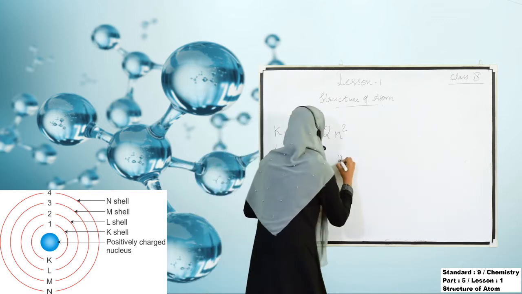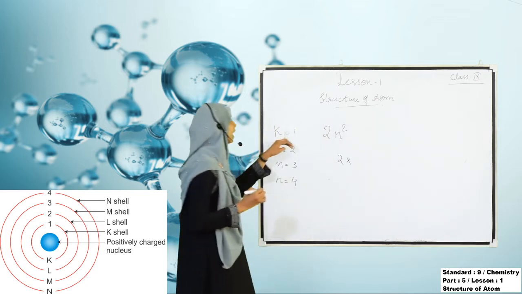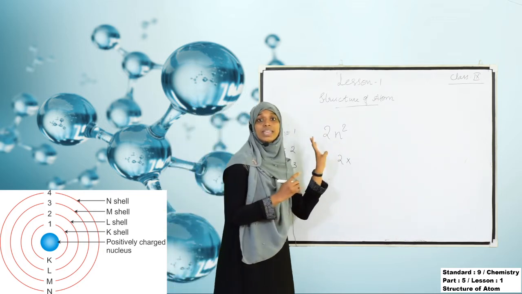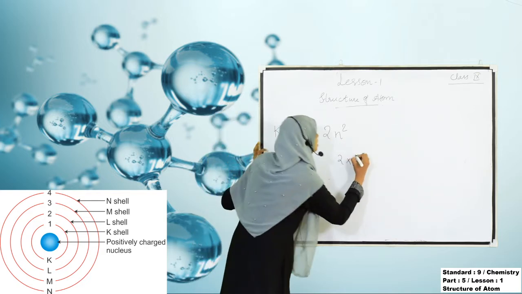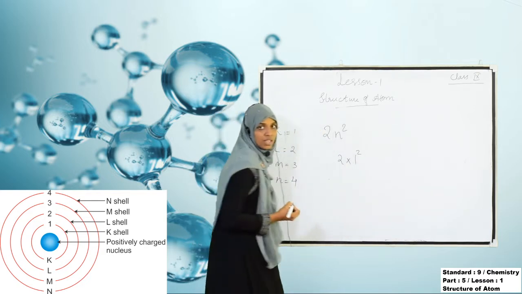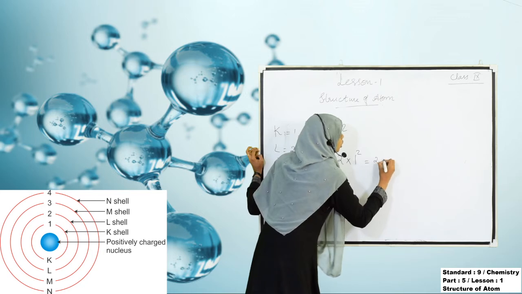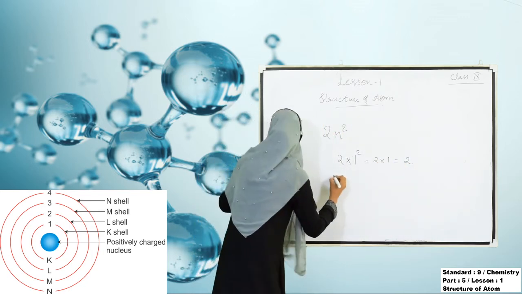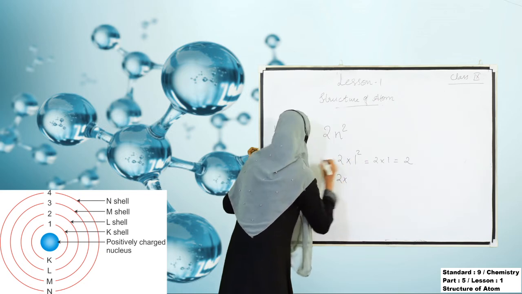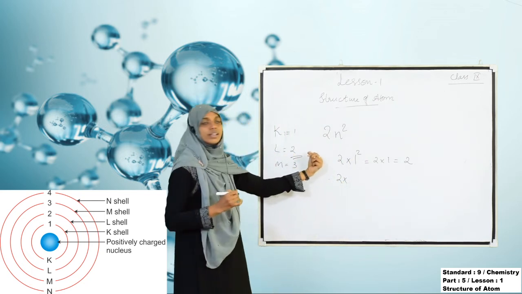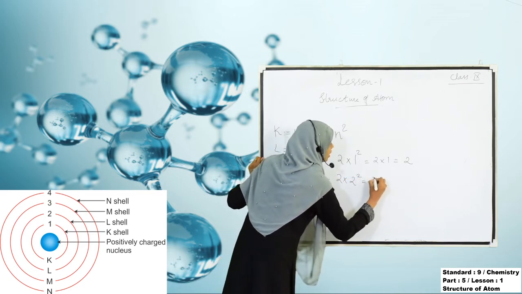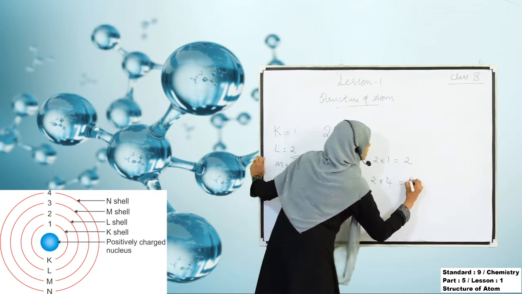Okay, 2n square. Here the K shell is the first shell, so in the place of n we can write 1. 2 into 1 square is equal to 2 into 1, then we get 2. In the second shell, L, we can write 2 into 2 square, then 2 into 4 is equal to 8.